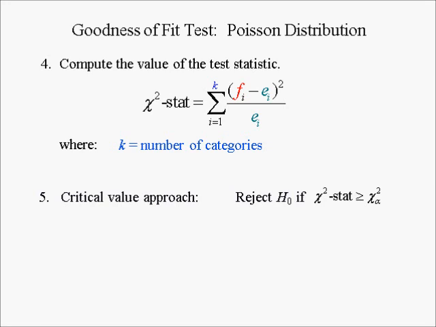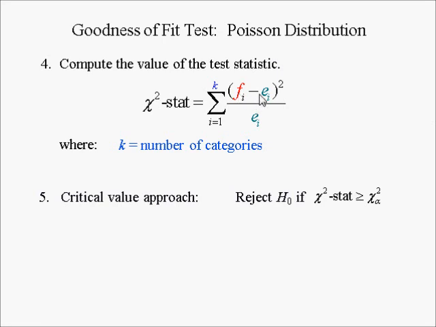Now, the intuition behind this test is if what we observe is close to what we expect, which is based on the Poisson distribution, then these k differences are going to be really close to 0. If the observed frequencies are exactly equal to what we expect, then each of these k deviations from expected is 0, and therefore the chi-square stat is 0.